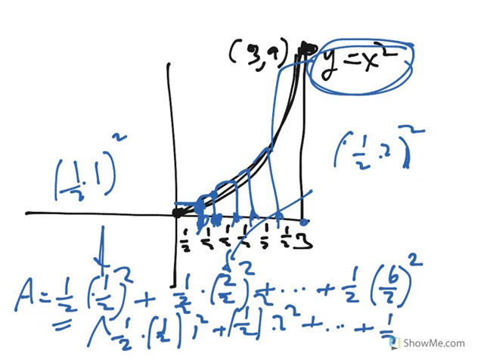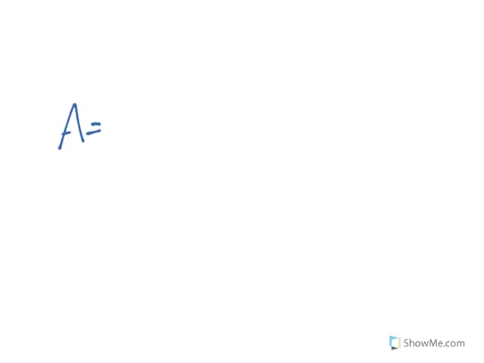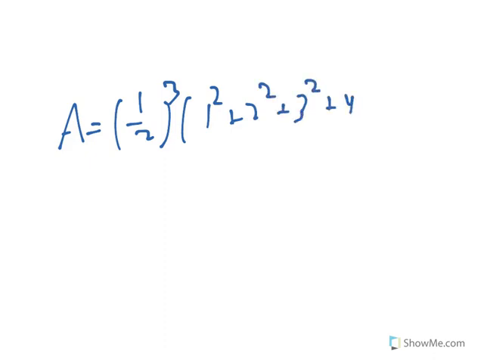And it would go up to 1/2 squared times 6 squared. Now these each have 1/2 to the thirds. Oops, I left off the base here. So if I factor out the 1/2 to the third, I end up with the area is 1/2 to the third times 1 squared plus 2 squared plus 3 squared plus 4 squared plus 5 squared plus 6 squared.